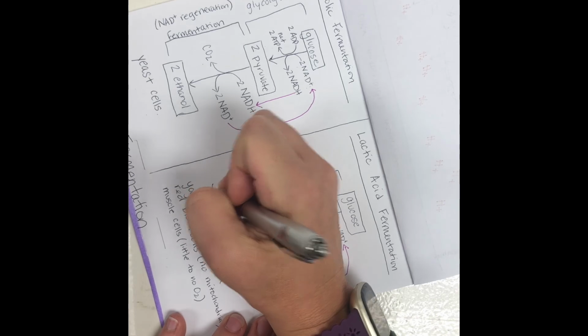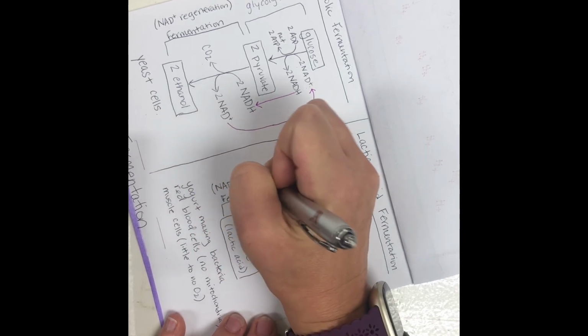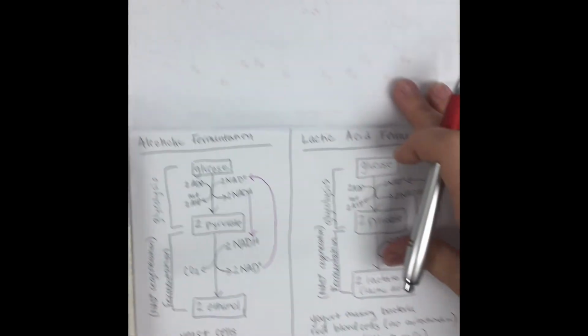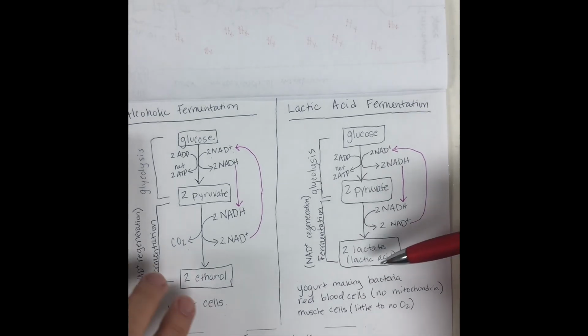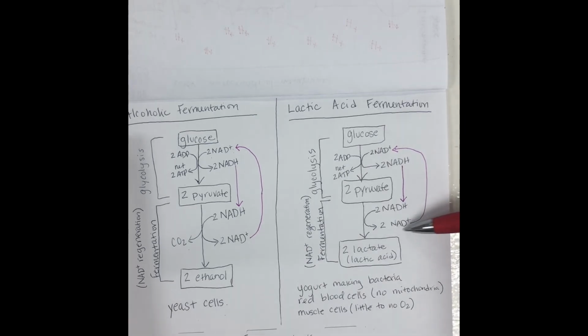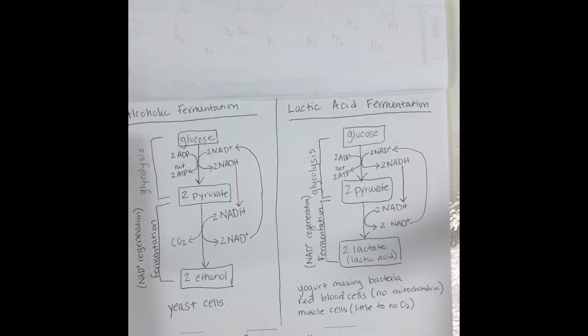So we do want to remember that this is also an NAD plus regeneration. All right, so while we're here, I do want to take a moment to talk about these products, okay? So in both cases of fermentation, we're getting a product of NAD+, but that's just going to go back into glycolysis, so that's not a product that's released.